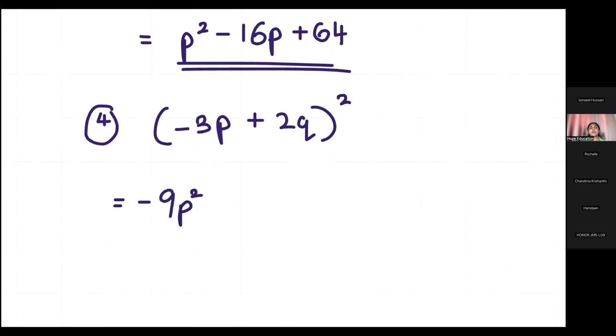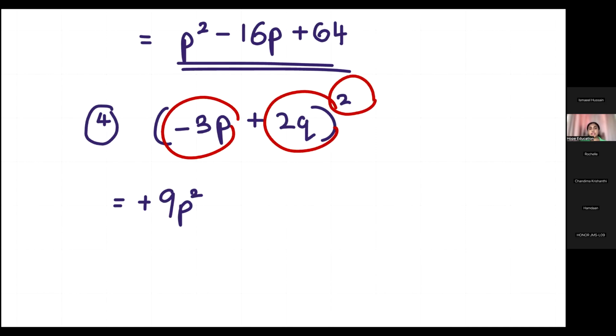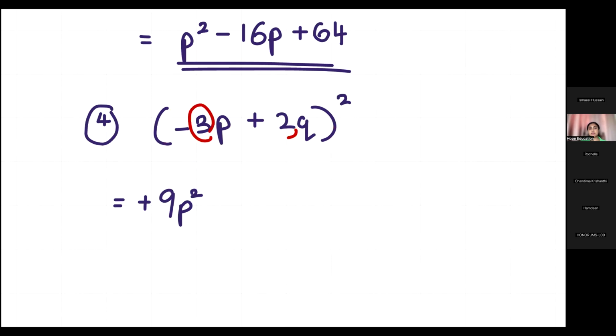Right? Then the first term multiplied by the second term multiplied by 2. First the numbers. 3 times 2 is 6. 6 times 2 is 12. So 12. Then letters. Here there is P. Here there is Q. Then the sign.